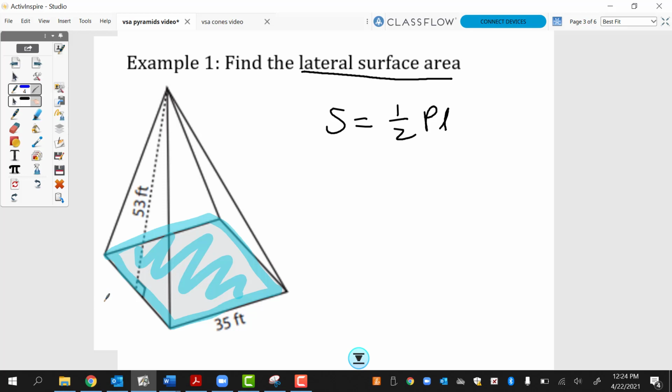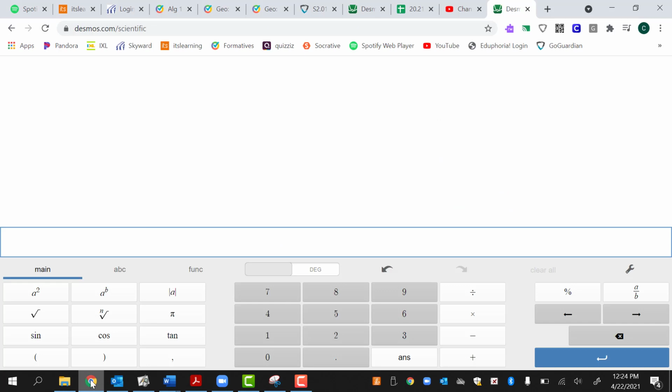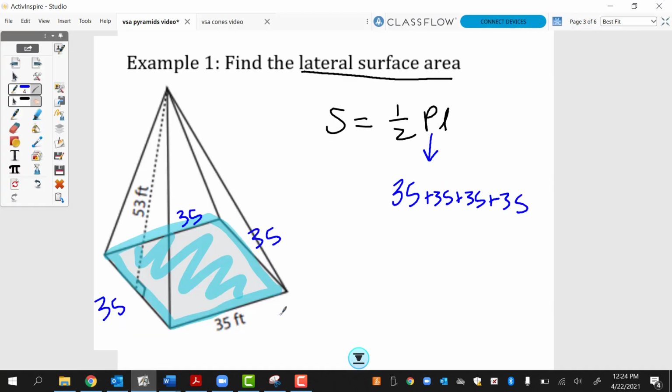This is a square, so all the sides are 35, 35, 35, 35. I'm going to add those together, typing in Desmos, and I get 140. So that's my P, 140.